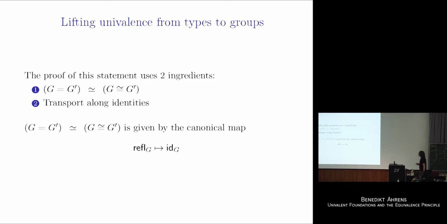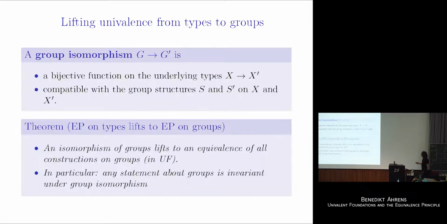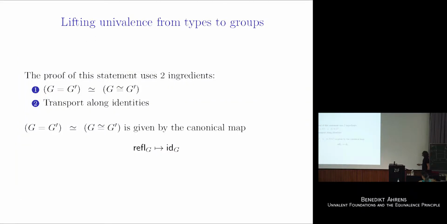The proof of this statement uses two ingredients. Firstly, I construct an equivalence between identities of groups and group isomorphisms. This is the notion of isomorphism that I defined on the previous slide. And then I use the transport function that I have shown already, which allows me to transport along identities.